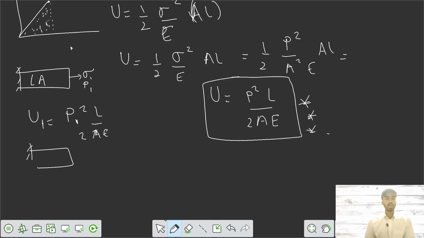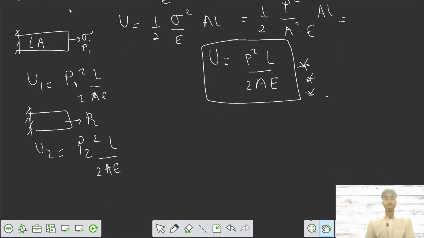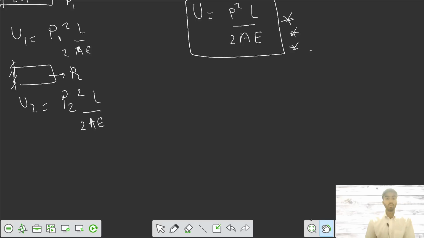Similarly, for load P2, your strain energy is P2 square L by 2AE. Now we combine the loads: let's apply them together, so the load equals P1 plus P2.